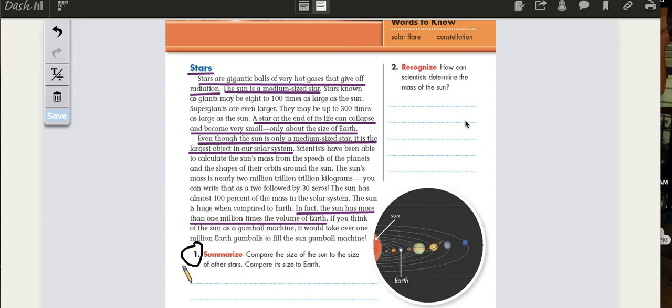In fact, the sun has more than 1 million times the volume of the Earth. So, we see the Earth as a big and huge thing, but actually, compared to the sun, it's very small. And the sun, compared to other stars, is still smaller in size than other big stars.